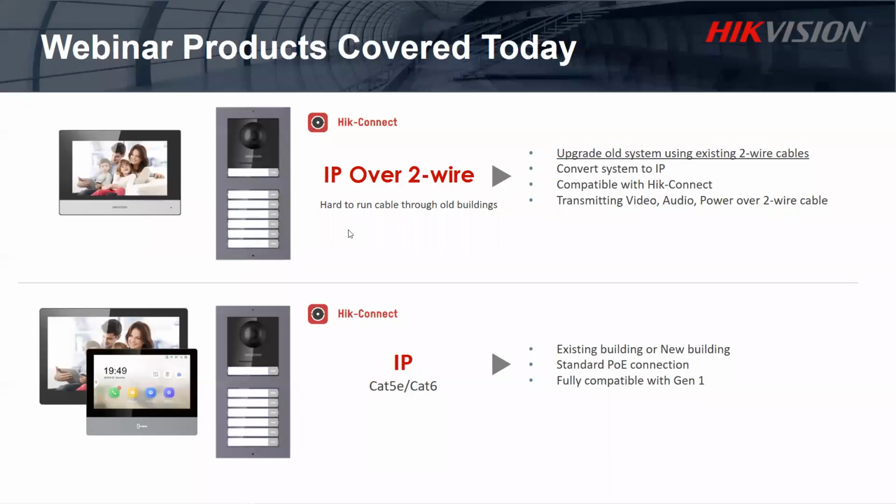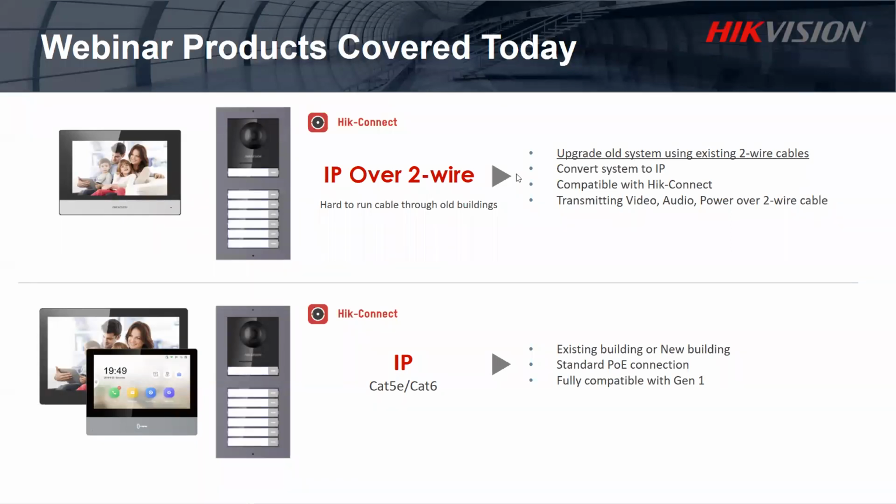All right, so let's have a quick look at the products covered in the webinar today. We're going to cover the IP over 2-wire and the IP solutions. So what's the difference between them? We use the IP over 2-wire solution when we try to upgrade an old system using existing 2-wire cable.